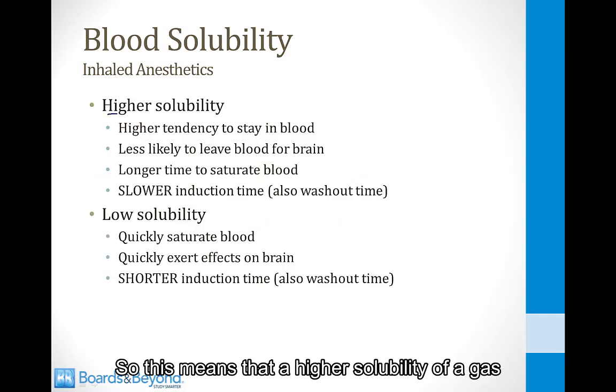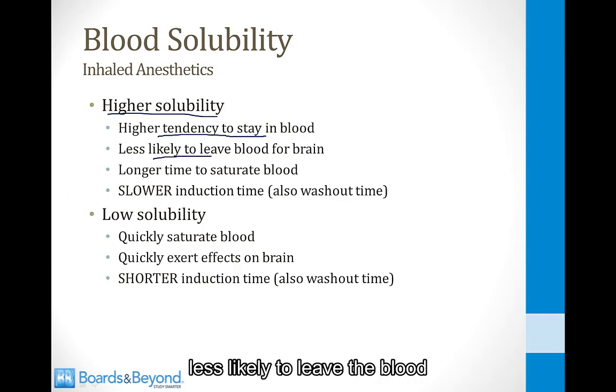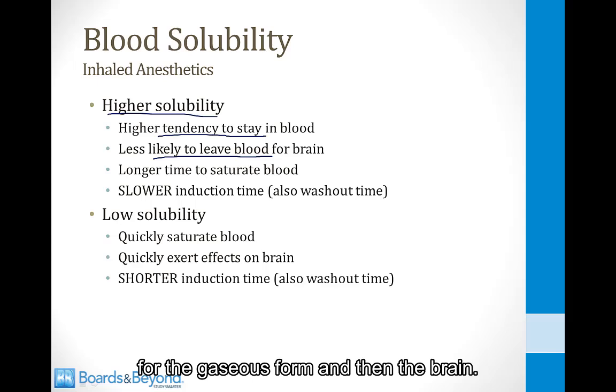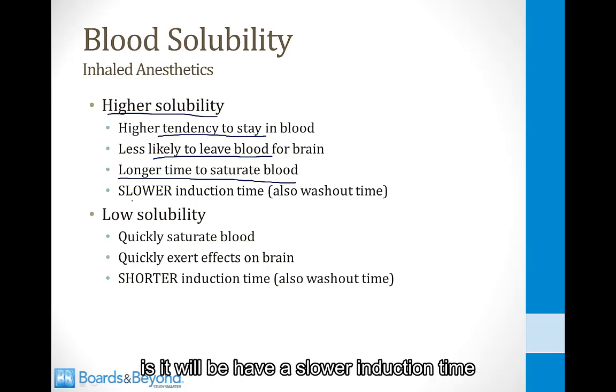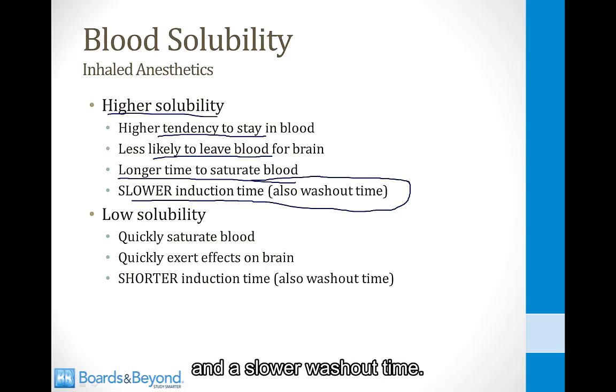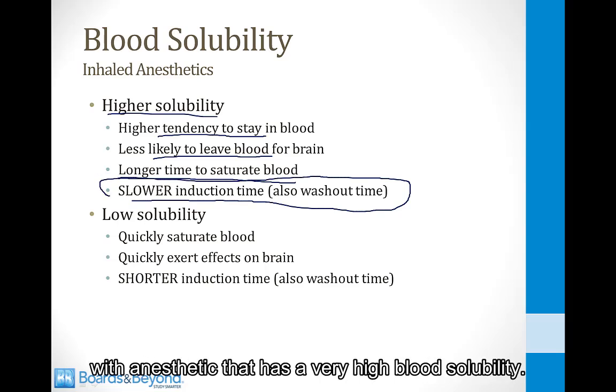This means that a higher solubility of a gas is a higher tendency to stay in the blood, less likely to leave the blood for the gaseous form and then the brain, so a longer time to saturate blood. And what this means in terms of clinical medicine is it will have a slower induction time and a slower washout time. It will take a long time to put a patient to sleep with an anesthetic that has a very high blood solubility.